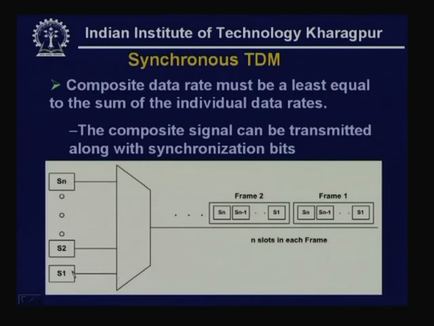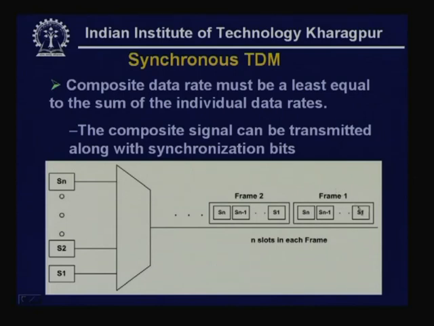Here are the buffers coming from different sources, and here you have some kind of switch. It is shown that the connection is first established between S1 and this output, then S2, and in this way it takes turns up to Sn, but it is done very fast, and some kind of framing is done.